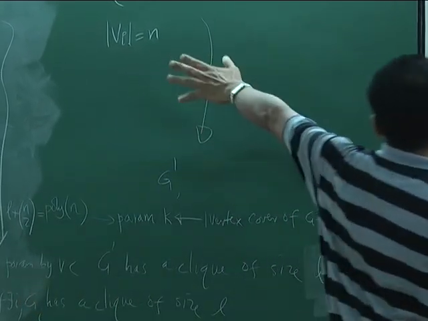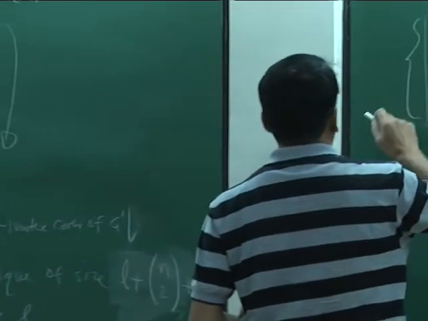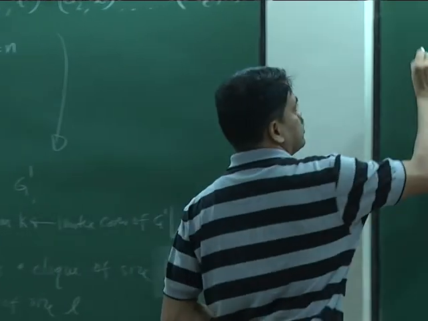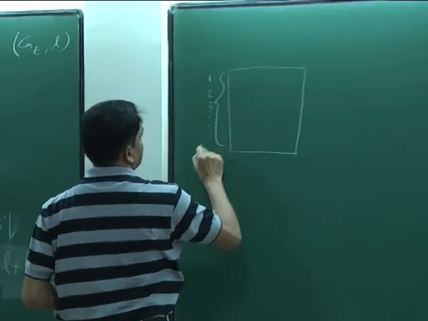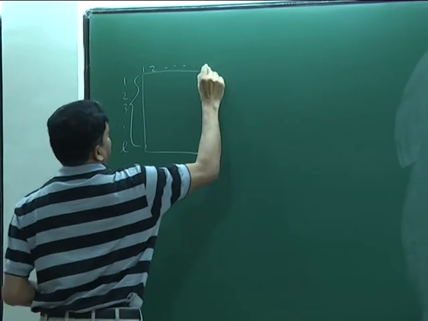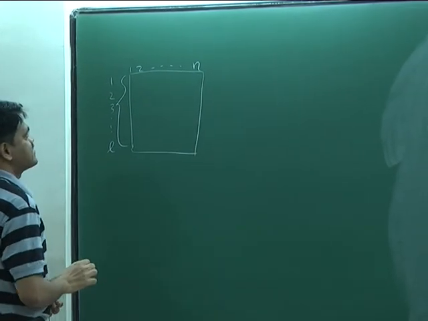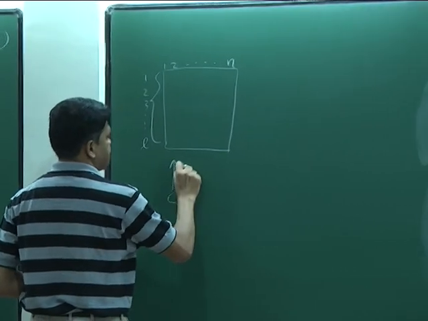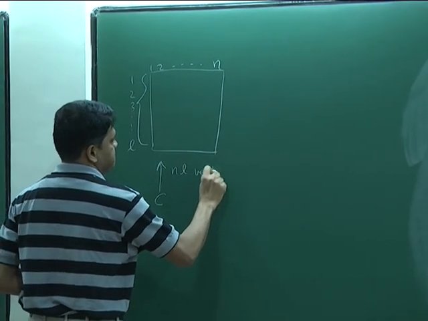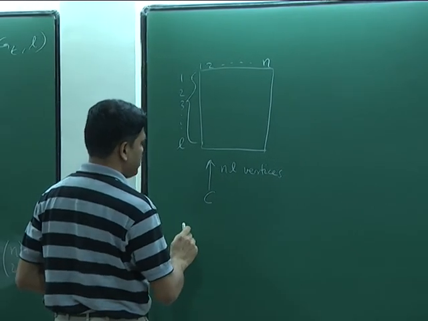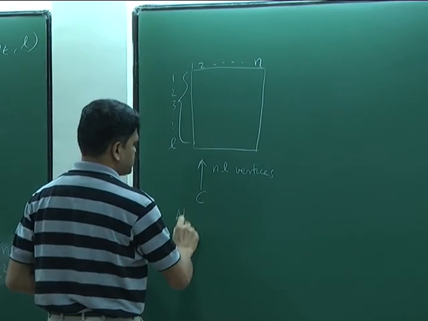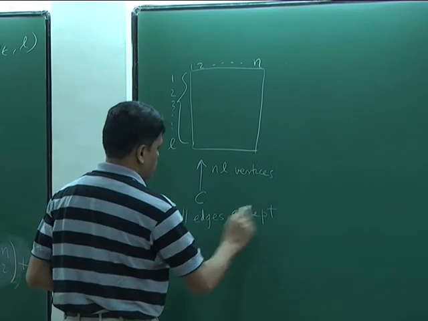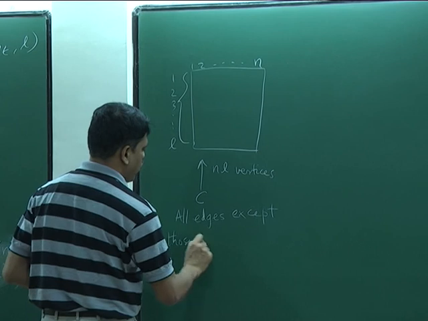So, I have my graphs Gi given there, all on the same vertex set. So, let us think of this. I have some NL vertices here. And the adjacency is going to be all edges except those within a row or a column.